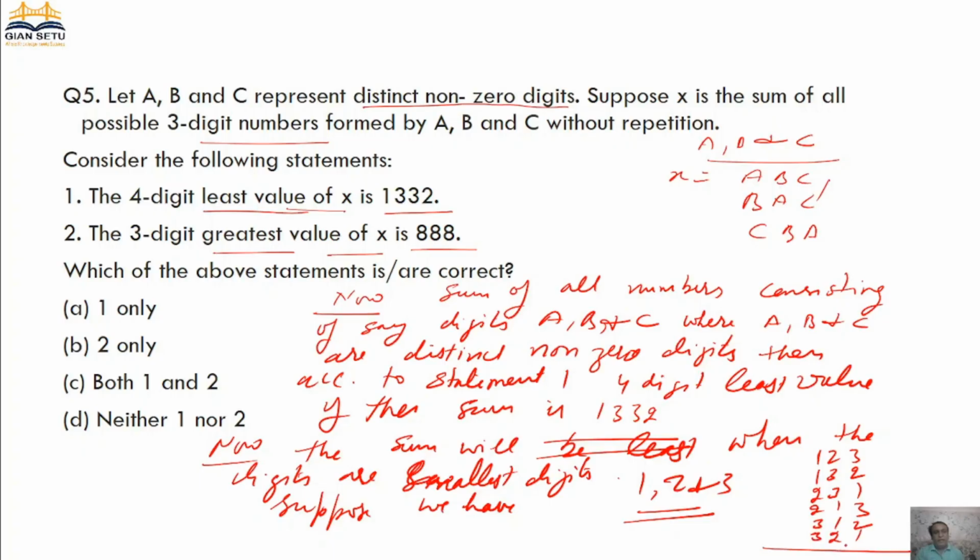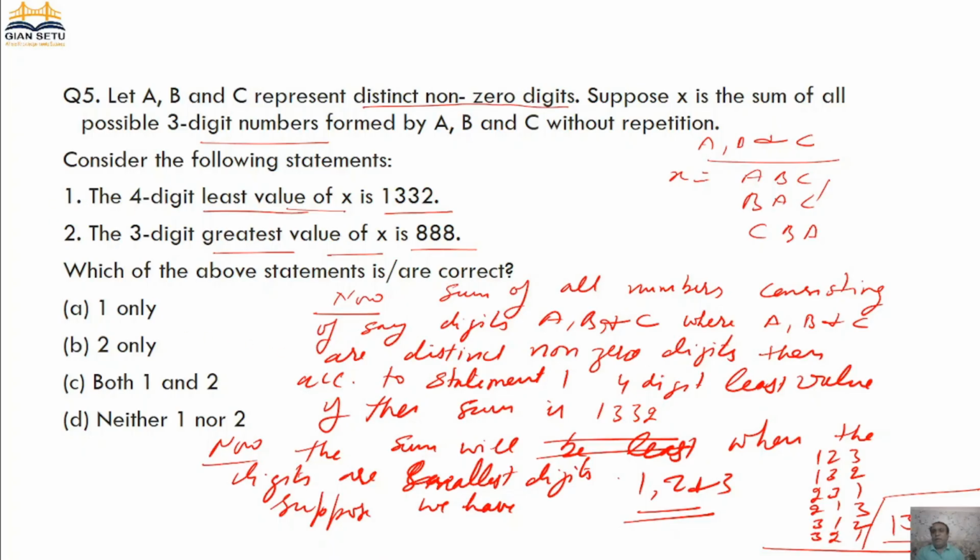Now if we add all these numbers, then the sum will be 1332.